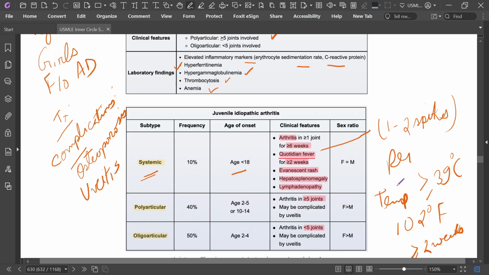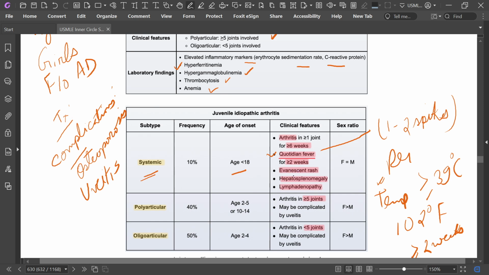So arthritis in one or more joints, and quotidian fever for more than 2 weeks.